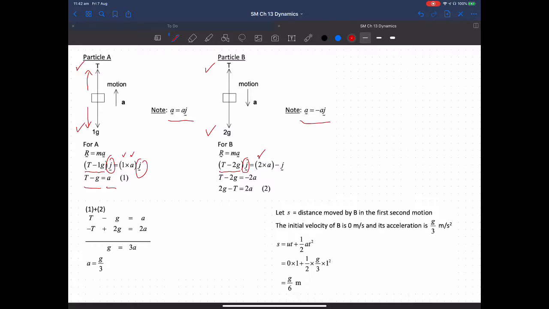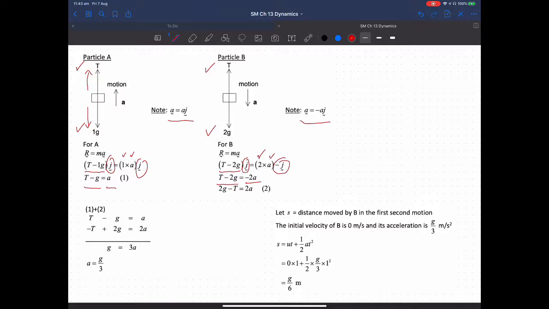For our acceleration, remember we were going in the negative j direction. This is shown here. What that means is, when we write our next line, T minus 2g is fine. Do not forget to go minus times 2 is negative 2a.